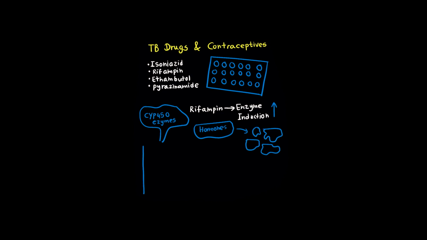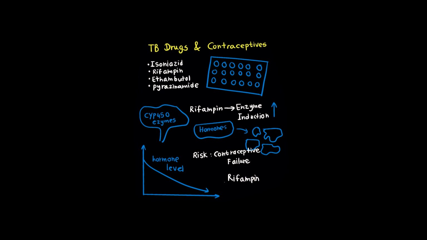When rifampin induces these enzymes, it accelerates the breakdown of contraceptive hormones, reducing their blood levels below therapeutic effectiveness. This can lead to contraceptive failure and unintended pregnancy. Women taking rifampin need alternative contraception, like barrier methods or IUDs. Other TB drugs don't have this significant interaction. The correct answer is rifampin, because it induces liver enzymes that metabolize oral contraceptives, requiring alternative contraception methods during treatment.